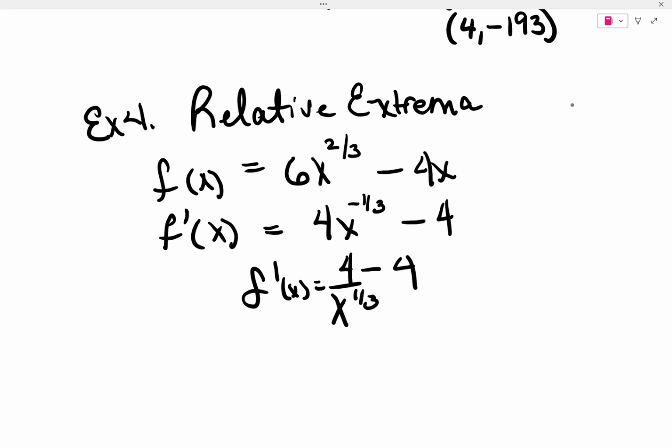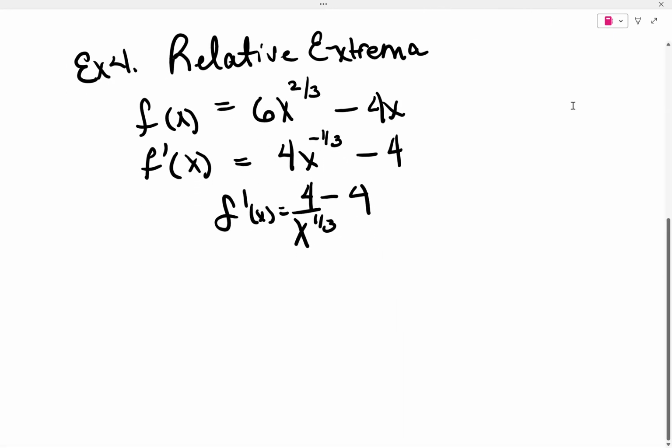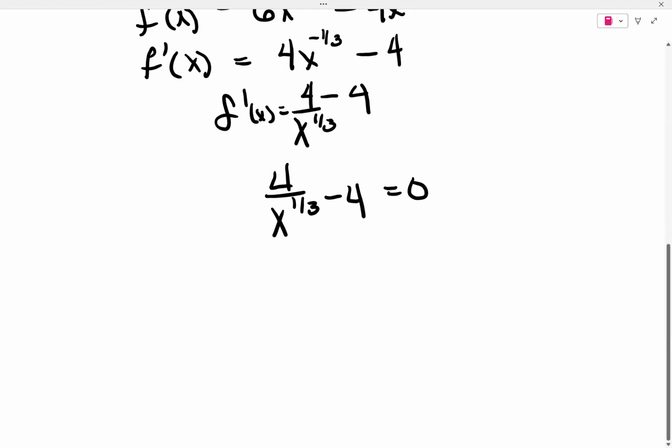If I set this to 0, so we start with the first derivative set to 0, 4 over x to the 1/3 minus 4 equals 0. We would first add the 4 to both sides, so you get 4 over x to the 1/3 is equal to 4.